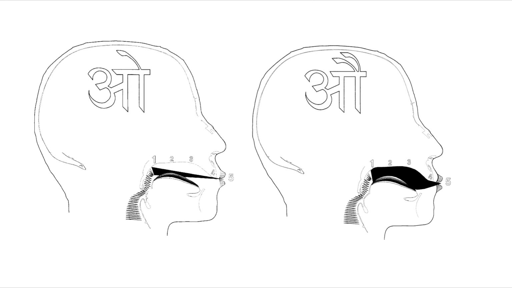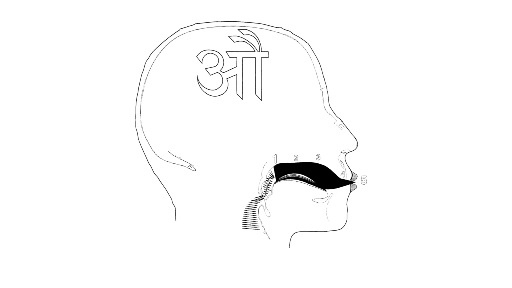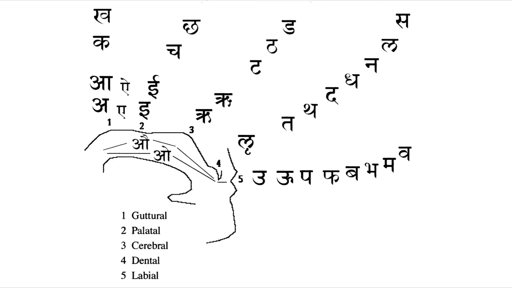Ow, ow, and the effect is to have the sound rolling along the roof of the mouth. You can see this represented in the diagram by the black area. Compare the diagrams and feel the difference between the guna sound, O, and the vriddhi sound, ow. O, ow, O, ow, O, ow.